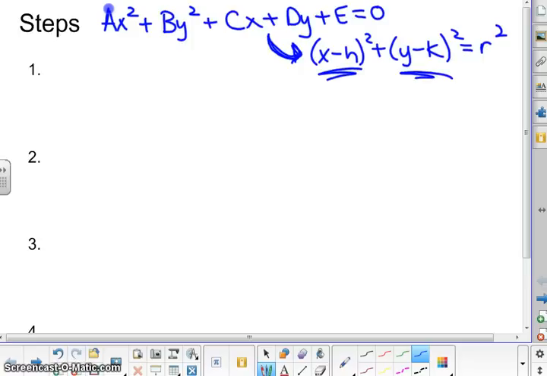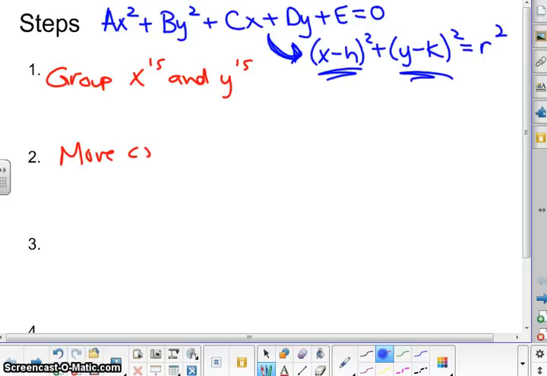Notice these guys right here. We're going to complete the square twice. So the first step that I want you to do every time is group the x's and the y's, and then the second step, you're going to move the constant to the right side of the equation.